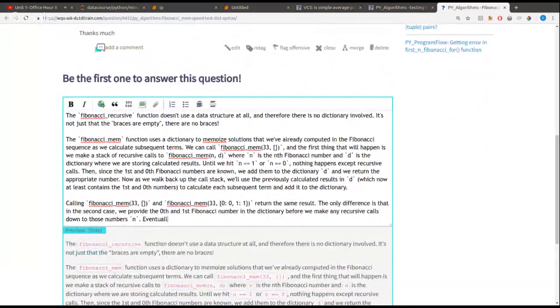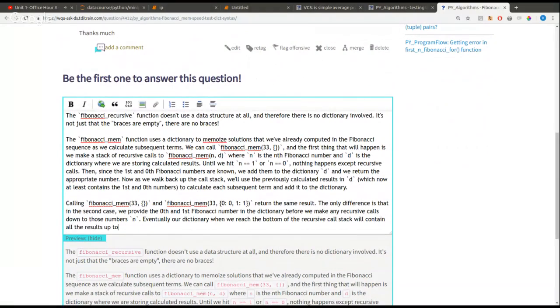Eventually, our dictionary, when we reach the bottom of the recursive call stack, will contain all the results up to n.